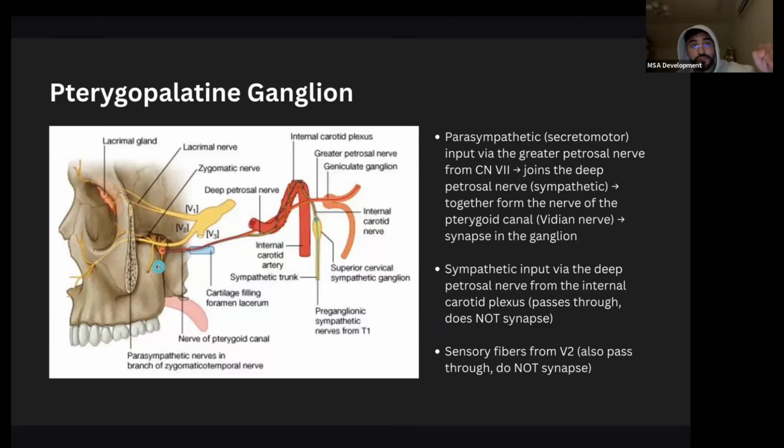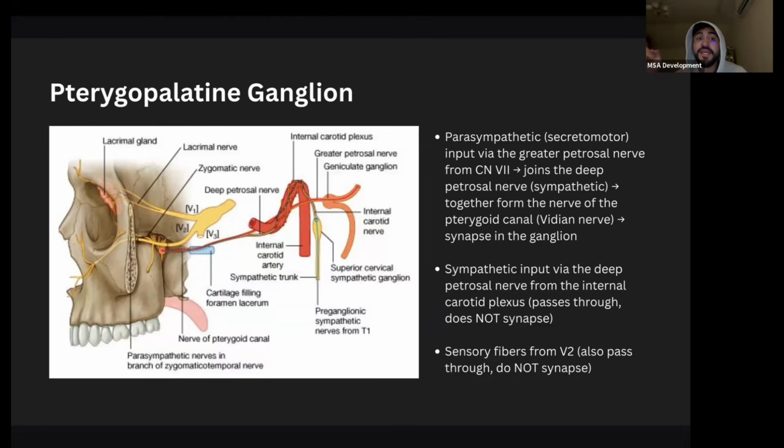It will synapse with the gland, and then it's going to basically pass through and provide the parasympathetic innervation.